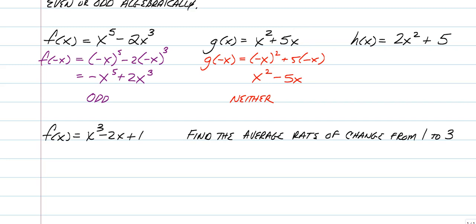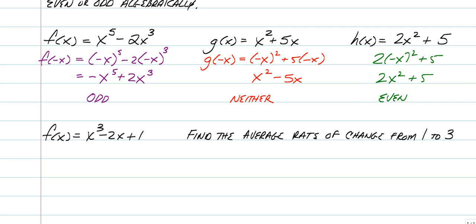In order for it to be even, they must be identical. Okay, so this one is neither. The last one, 2 times the negative x squared plus 5. Negative x squared becomes positive again, so 2x squared plus 5. Since these are exactly the same, this is an example of an even function.